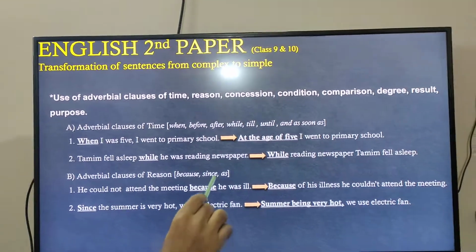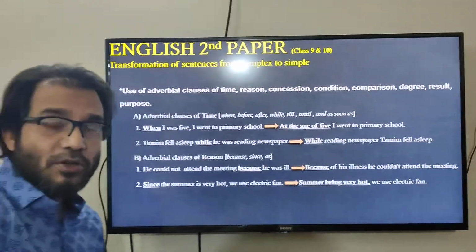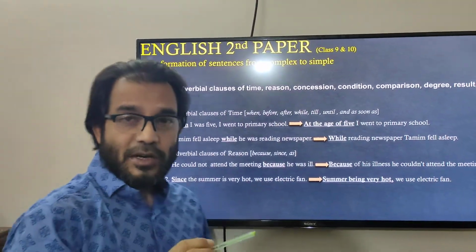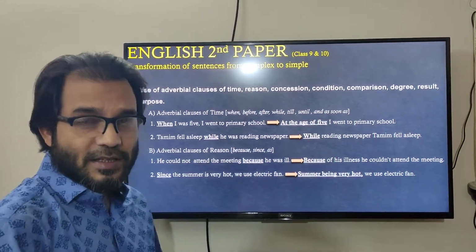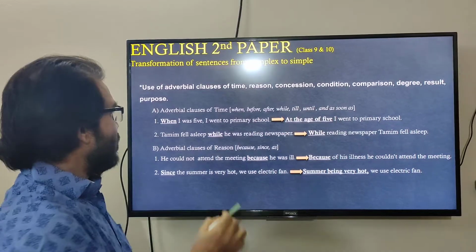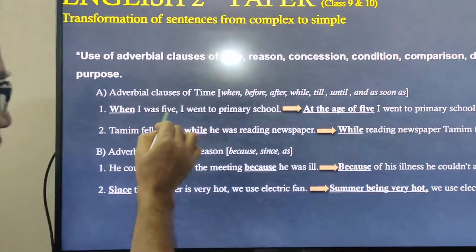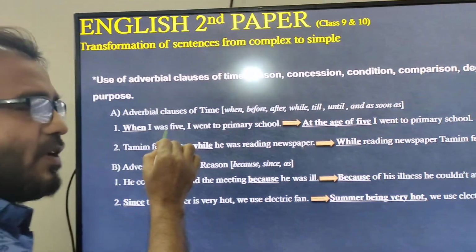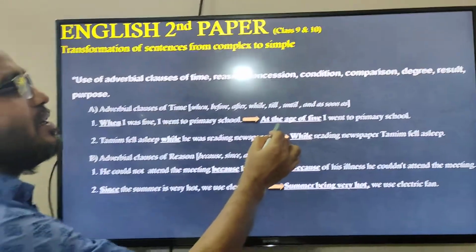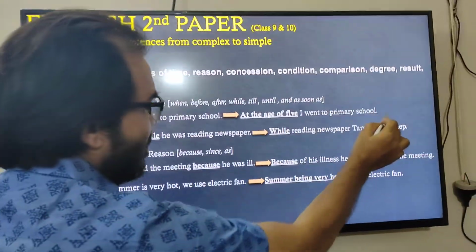Let us change it into a simple sentence. In previous classes I told you that a subordinate clause is to be transformed into a phrase. So when I was 5 is the subordinate time clause. If we change the subordinate time clause into a time phrase, the sentence will turn into simple. At the age of 5, I went to primary school.